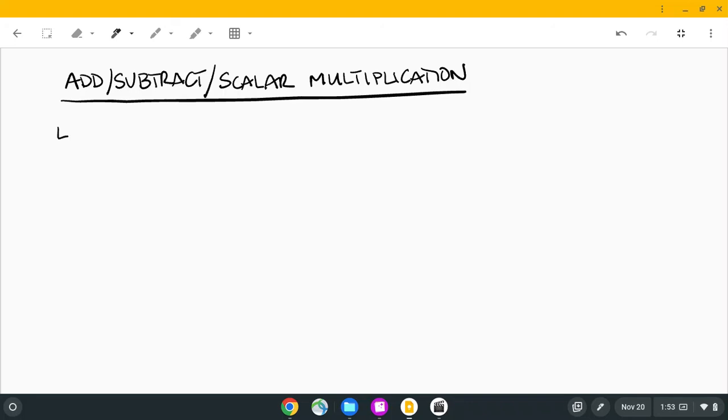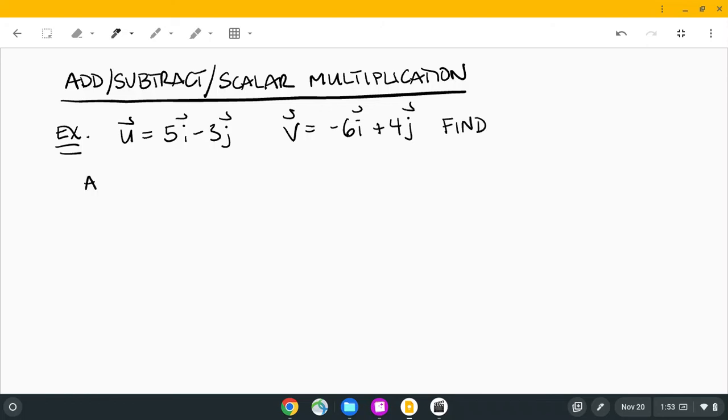So if you have vector u equal to 5i minus 3j, and vector v equal to negative 6i plus 4j, suppose you have to find a, u plus v.